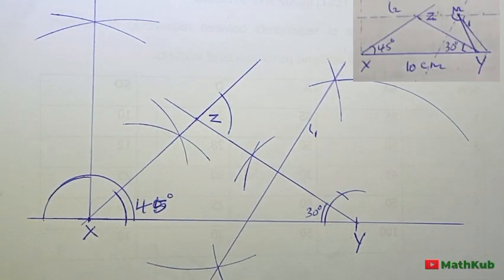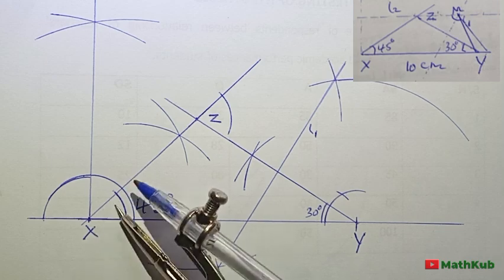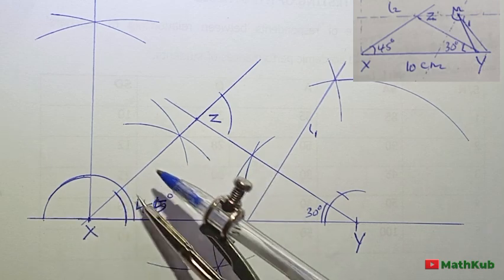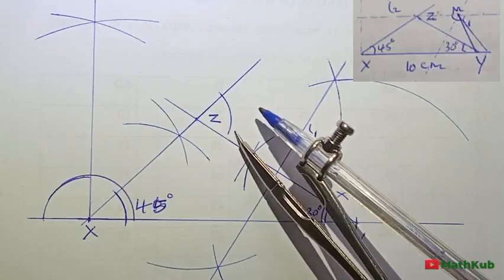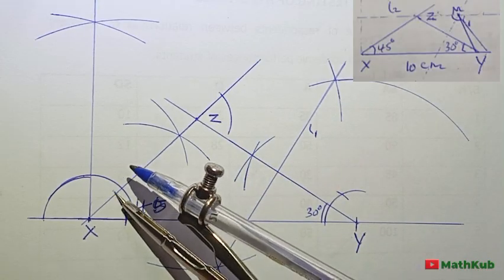What we are going to do here is copy this angle. We want to construct 45 degrees here. That means we are copying this particular angle.